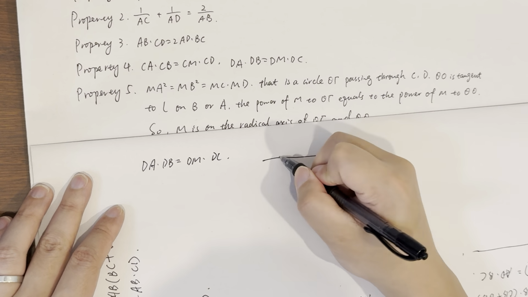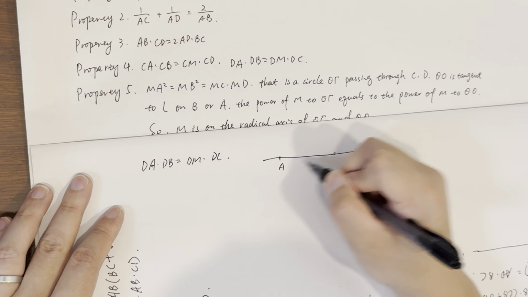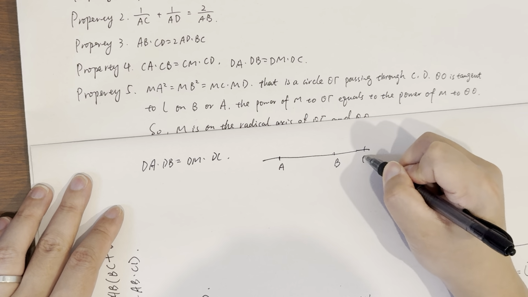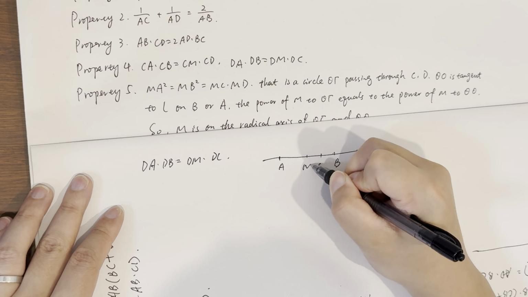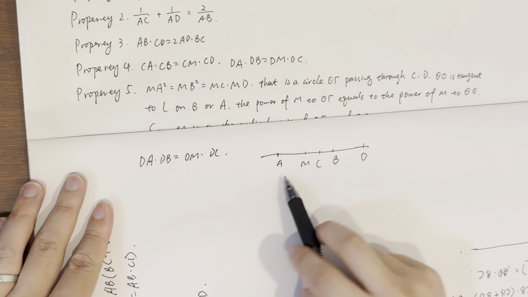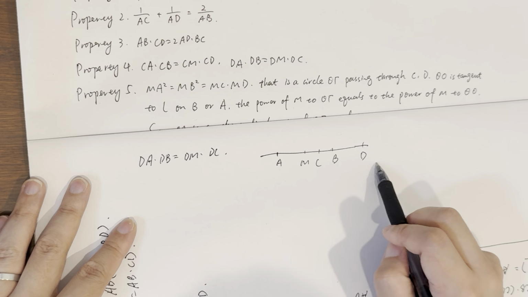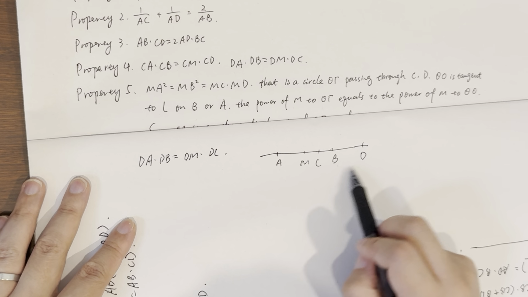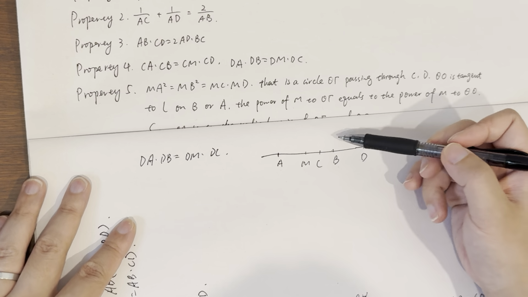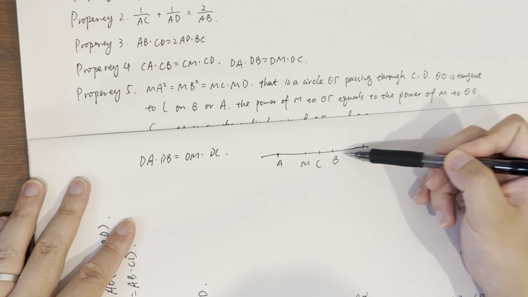Again, let's put the figure here: A, B, D, C, M. So what is DA? That is AB plus BD, right? And what is DM? DM is MB plus BD.